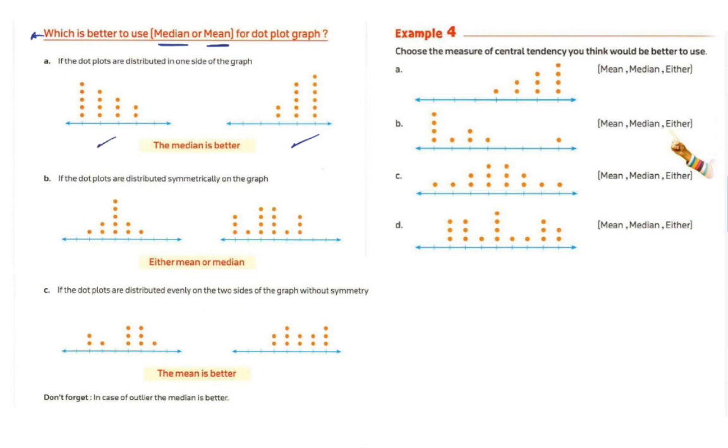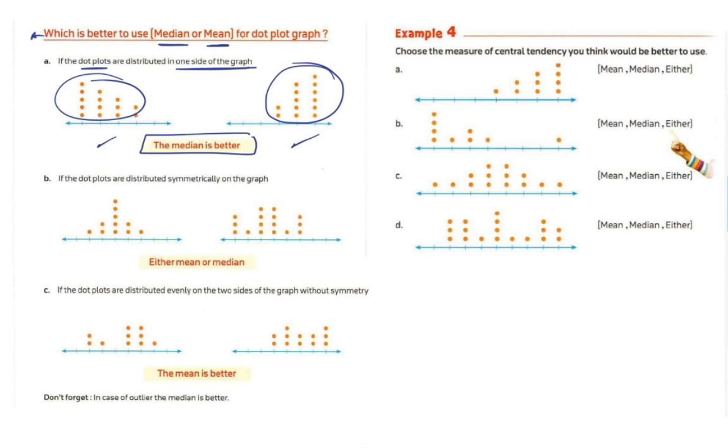You find this dot plot is distributed on one side of the graph. In this graph these dots are to the right, and here to the left, but together as a group of dots. In this case you will use the median to describe this data.